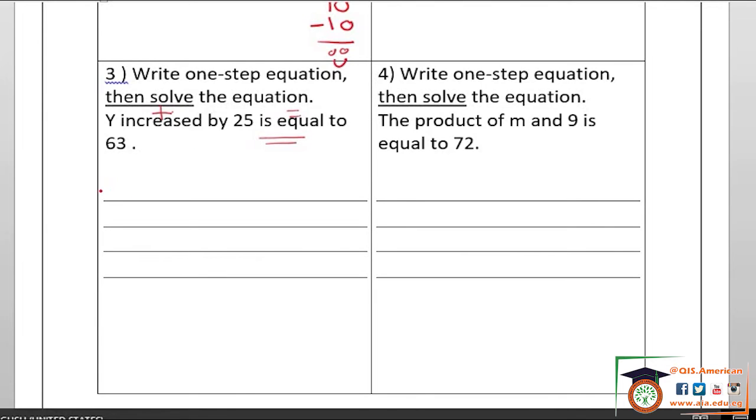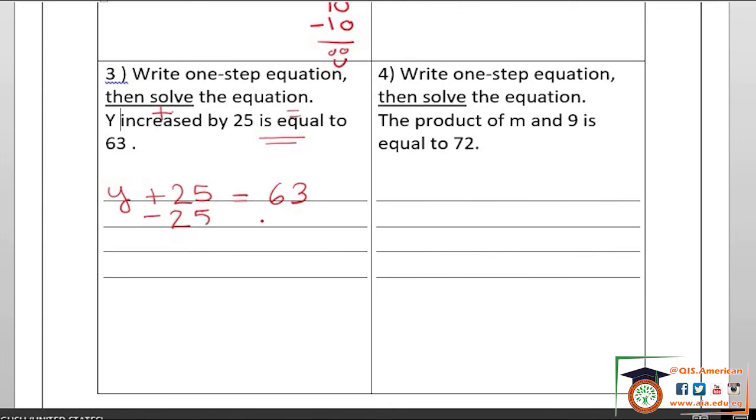So let's write our equation. Y plus 25 equals 63. This here is an addition equation. In order to have y alone by itself, I need to do the opposite operation, which is what? Subtraction.